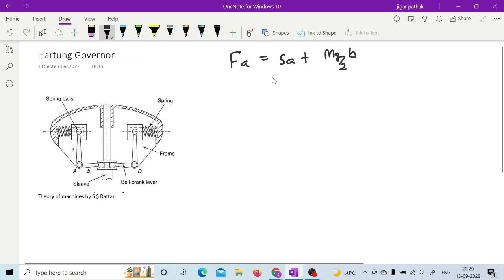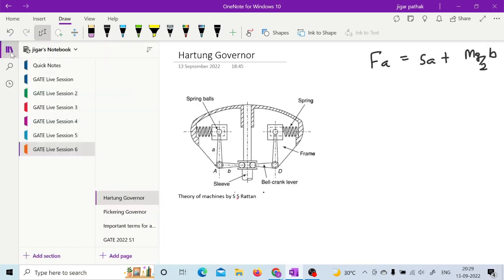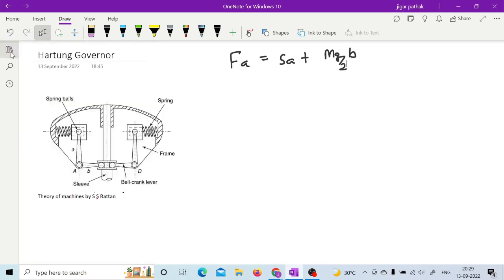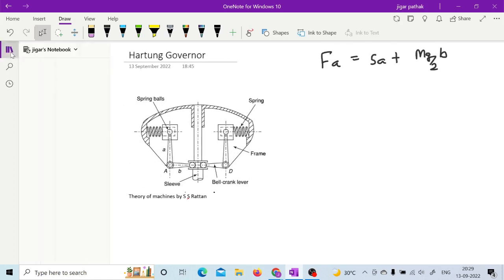So by having this relation, you can again derive the relation between the speed and the height of the governor, or in this case actually not height, but you can have an idea of what the different spring forces are at different speeds. So this is the relation between the change in speed and the change in spring force.